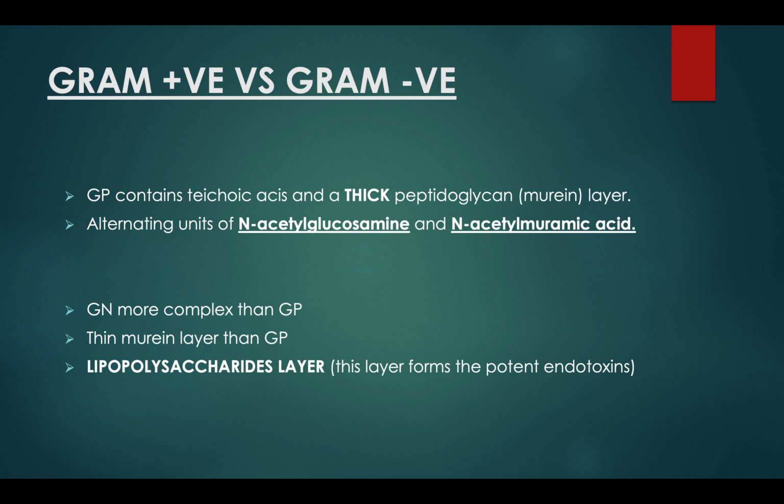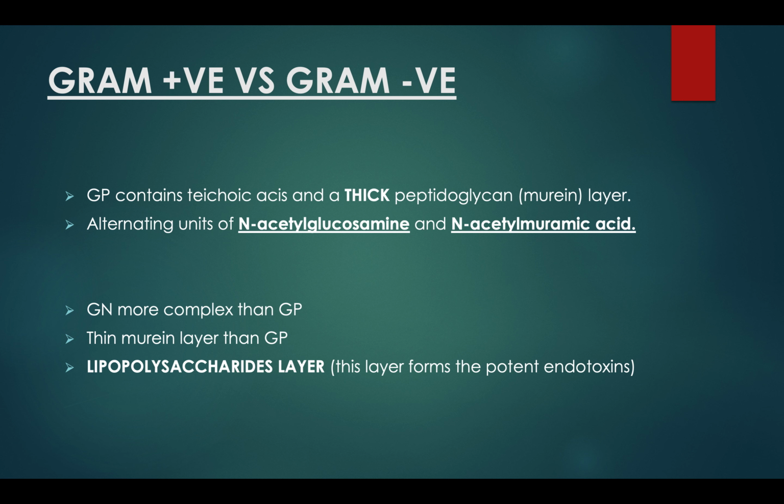The gram negative one is a little more complex than the gram positive. It has a thinner layer of peptidoglycan than the gram positive. Over the peptidoglycan layer, it has a lipopolysaccharide layer which is not present in the gram positive bacteria. It's only present in the gram negative bacteria. This is the layer responsible for making the endotoxins.